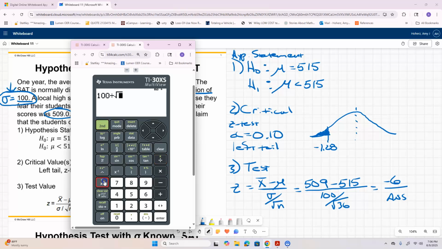Yes, you could type in 6 if you already know square root of 36 is 6. So we have 16.6 repeating, and we're going to divide the top number by that. So negative 6 divided by that answer gives us negative 0.36.